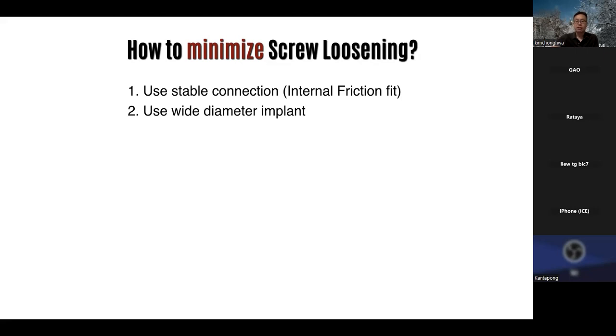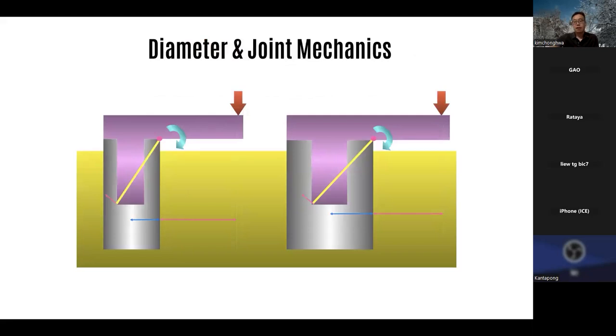The second thing I can do is use wide diameter implants. With a wider diameter, the end of the resistance axial wall is farther away from the fulcrum point compared to a narrower implant.